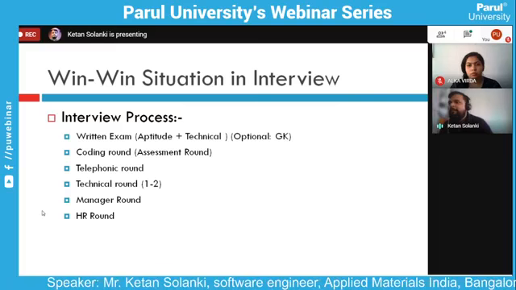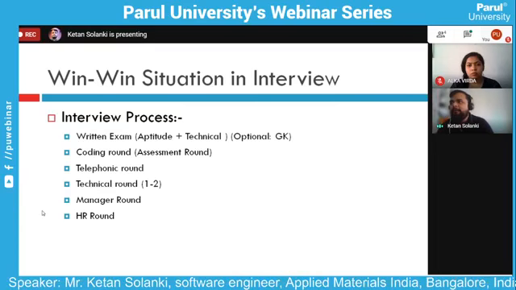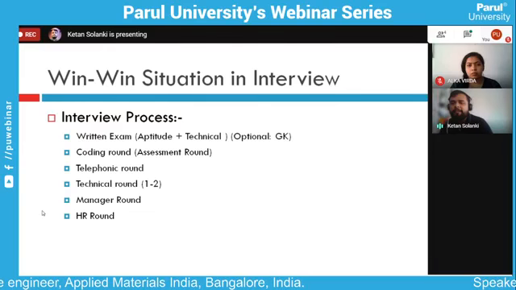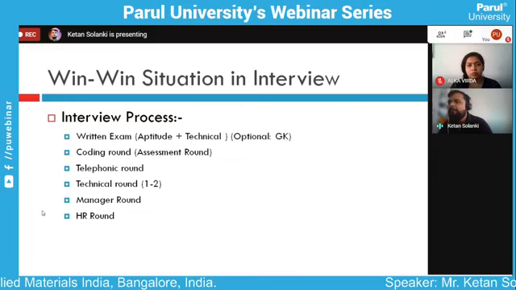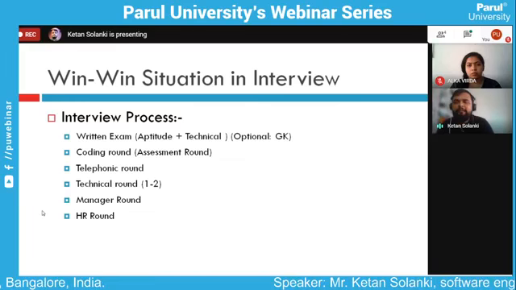The very first is a written exam, which comprises aptitude plus technical, and sometimes it includes GK and current affairs. Then the coding round, which is basically called an assessment round in industry. Then a telephonic round, then sometimes one technical round or two technical rounds, and finally the manager round and the HR round.